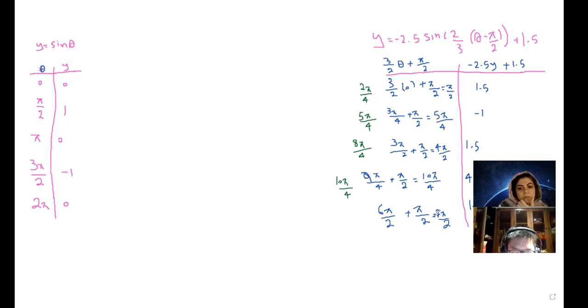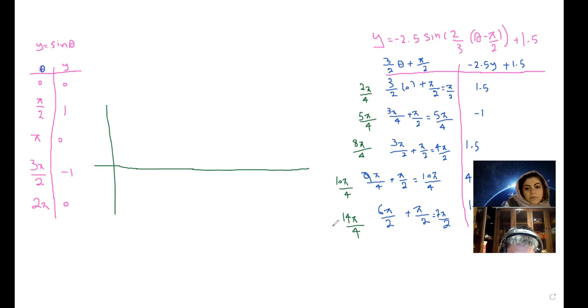And here I need to multiply both numerator and denominator by 2 again. It's 14 pi over 4. Now it's good to graph it. I believe I don't have any negatives, so I just put that there. The biggest one is 14. 1, 2, 3, 4, 5, 6, 7, 8, 9, 10, 11, 12, 13, 14.